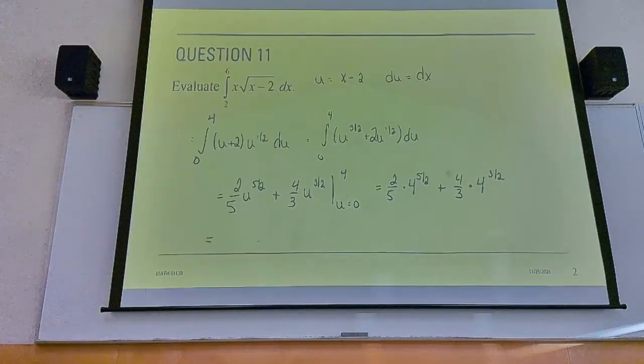It's obviously 32. Easier way to do it is square root of 4 and then 2 to the 5th, which is 32. Then times 2/5.